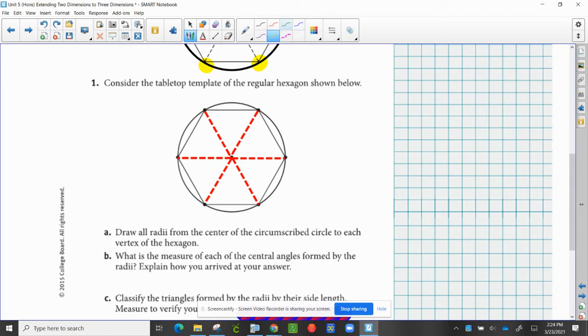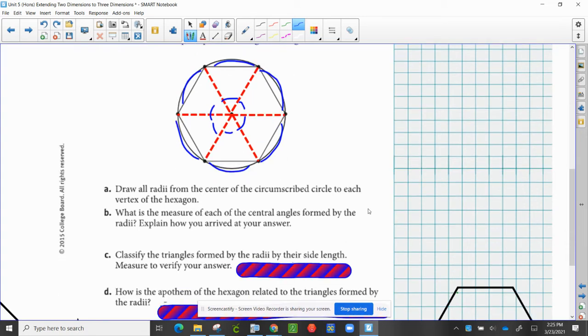Now, question B says, what is the measure of each central angle? Well, we can find the measure of each central angle, meaning these angles in here. We know this is a regular hexagon, so all of these arcs are going to be the same size, because if we circumscribe a regular hexagon, they're all the same.